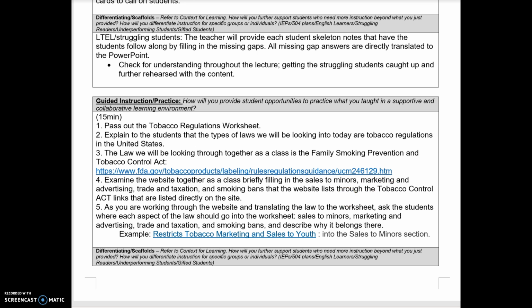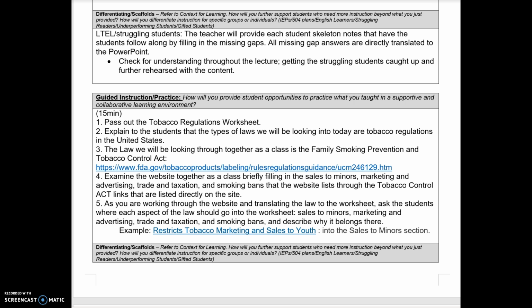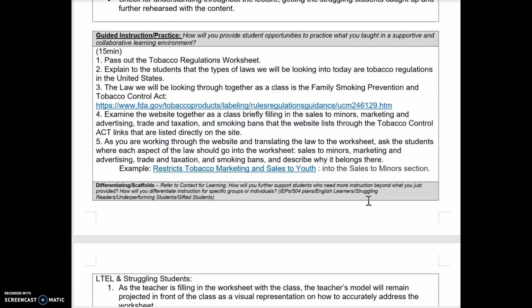Okay, so we'll explain to the students that the types of laws we'll be looking into today are tobacco regulations in the United States. We'll look through some laws together through this website, and we'll examine the website together as a class, briefly filling in the sales to minors, marketing and advertising, trade and taxation, and smoking bans that the website lists through the Tobacco Control Act links, which are directly on the website.